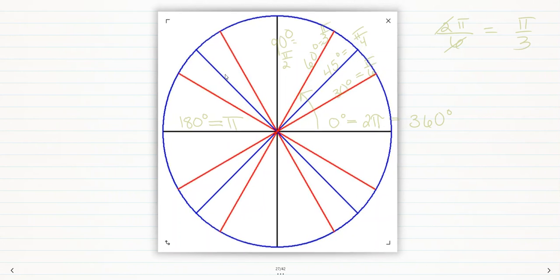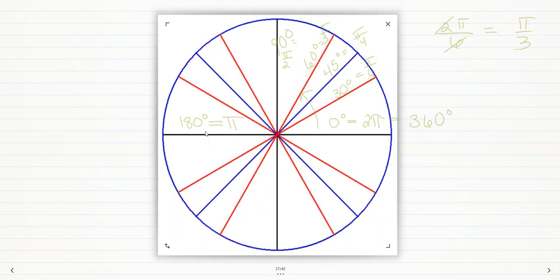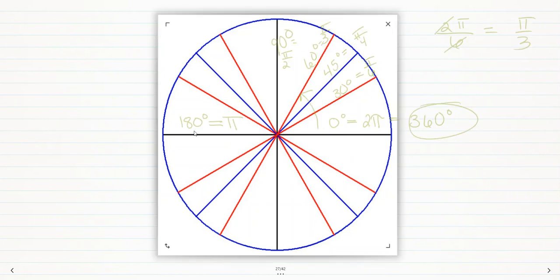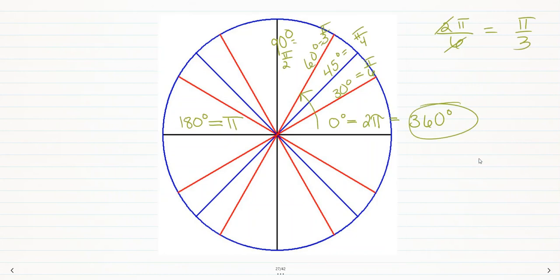You could even pop that into a calculator. 45 times 4 is the 180, 45 times 5, 6, 7, 8, and you'd get each of these values. And then for the radians, I start with 1/4, 2/4, 3/4, 4/4, 5/4, 6/4, 7/4, and then back to 8/4, and you just have to reduce as you go.